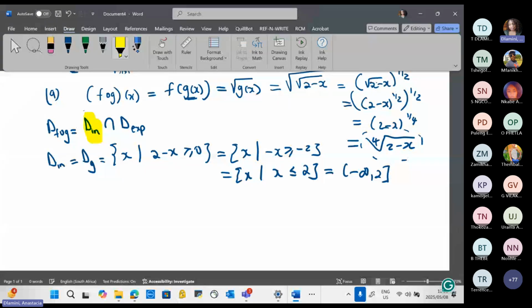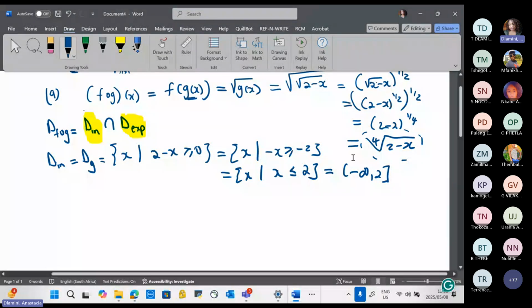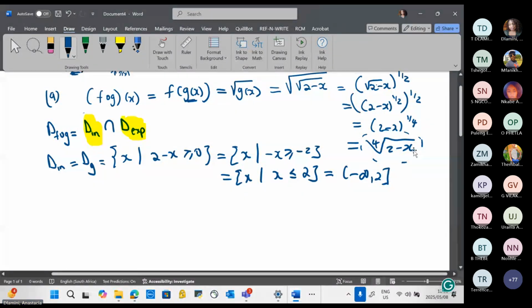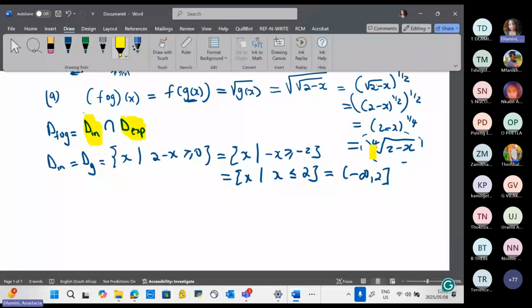So we go and find the domain of the expression, which is this one here. What is the domain of the expression? Look at the expression of the composition function, the one we found here. The domain of the expression is x an element of real numbers for which x must be greater or equal to 0.